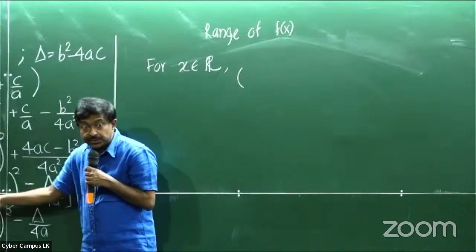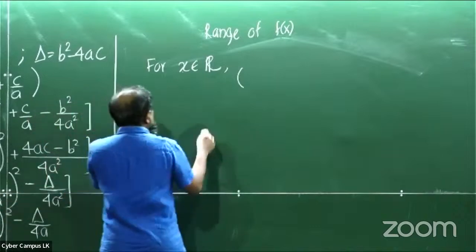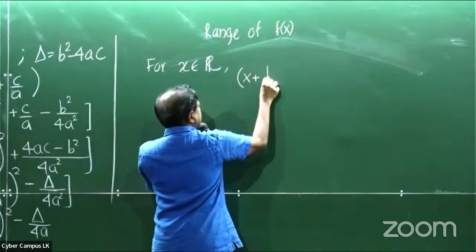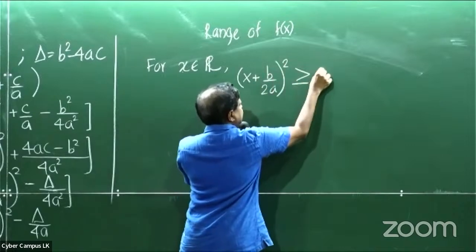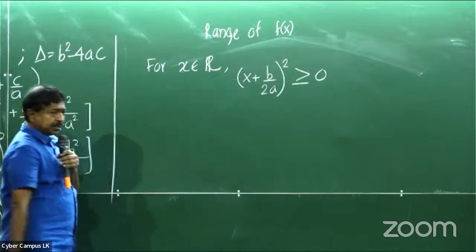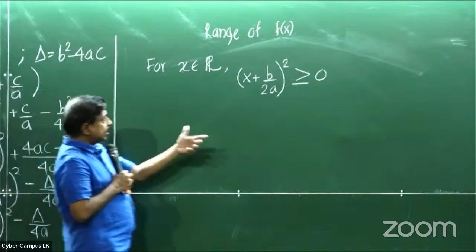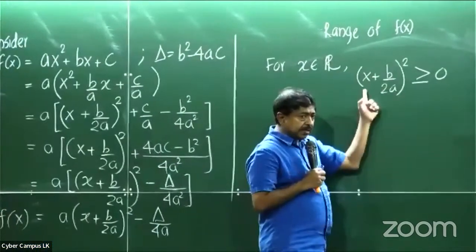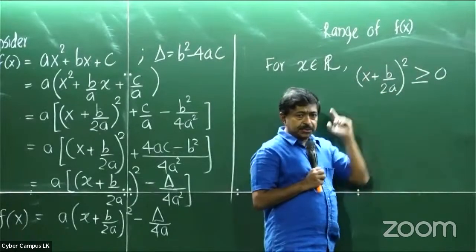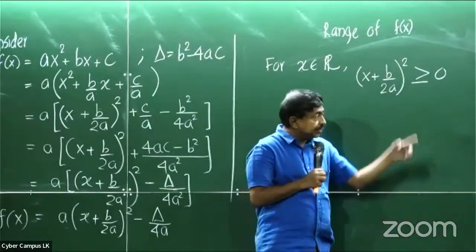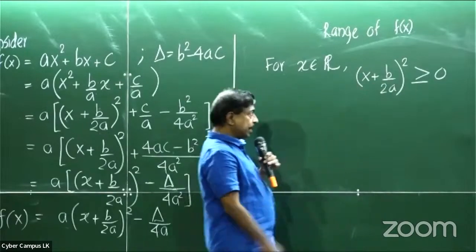It would make a square of x, and x only appears in this bracket. So x plus b over 2a, quantity squared, is a square, therefore it is greater than or equal to 0. This is a perfect square, and these are real numbers, so the square of this number is greater than or equal to 0. It cannot be negative. If it's complex, you can have negative values, but otherwise you get something non-negative.